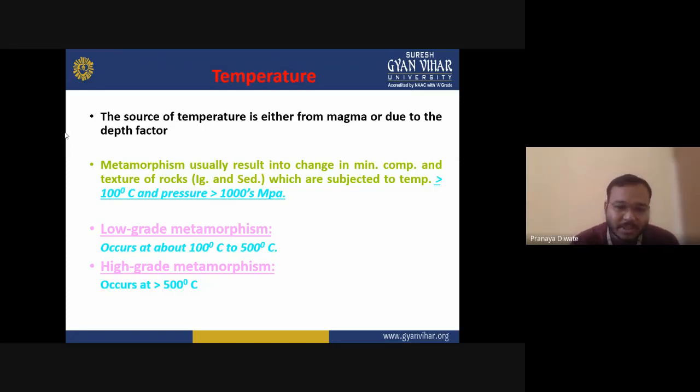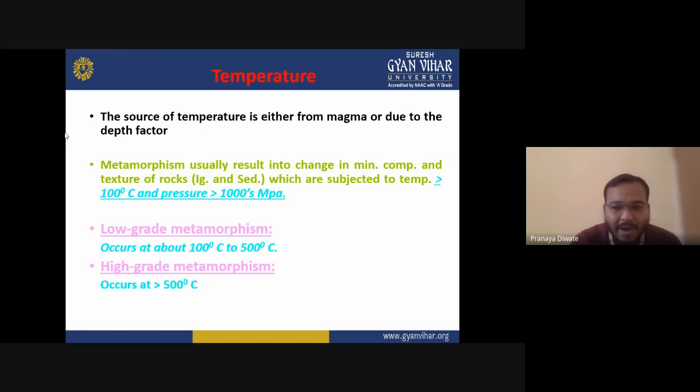Low grade metamorphism occurs at a low temperature range, about 100 degrees Celsius to 500 degrees Celsius.